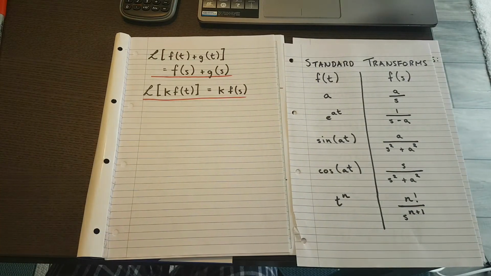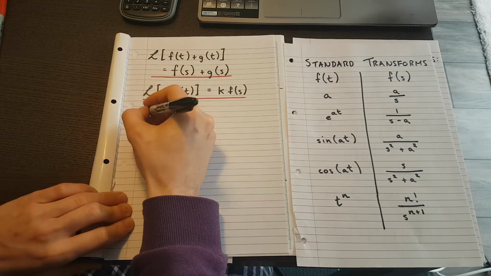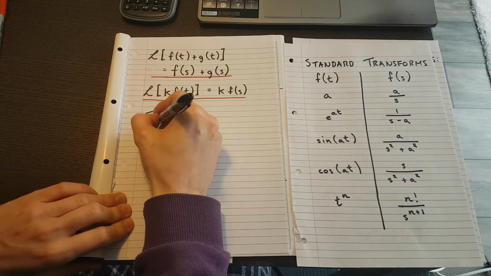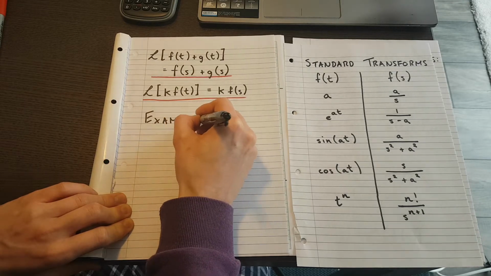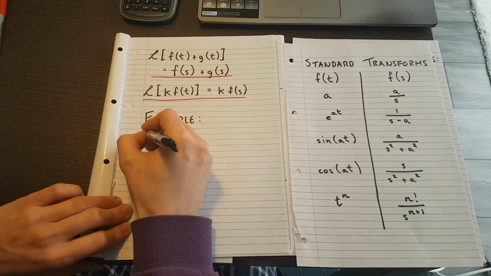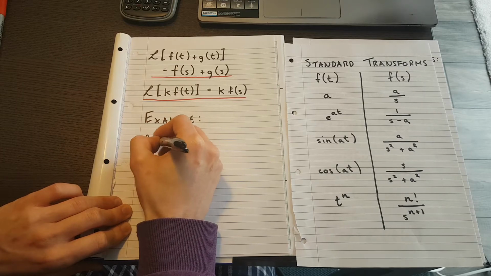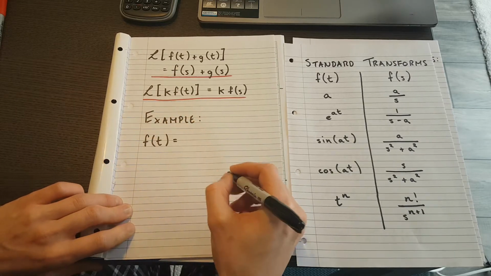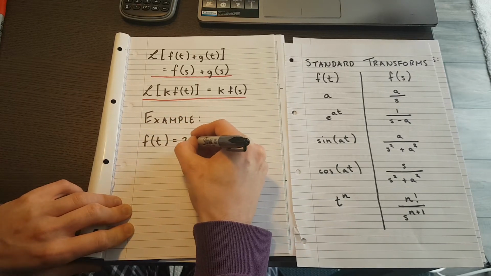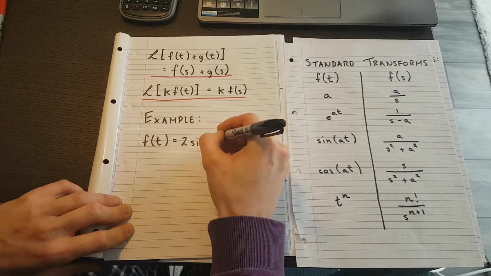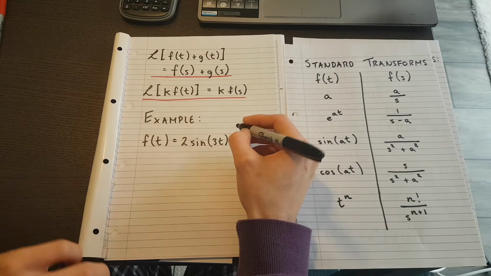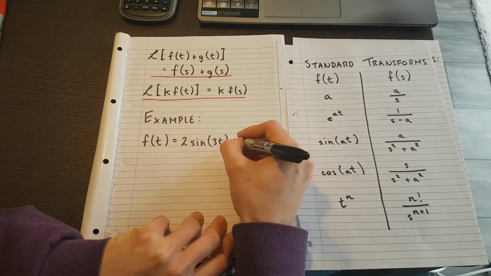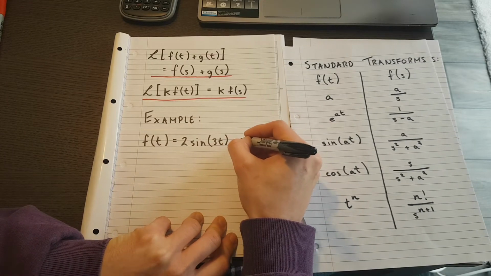Let's say suppose I had the Laplace transform of this function. Suppose I want f of t to be 2 times the sine of 3t plus the cos of 3t.